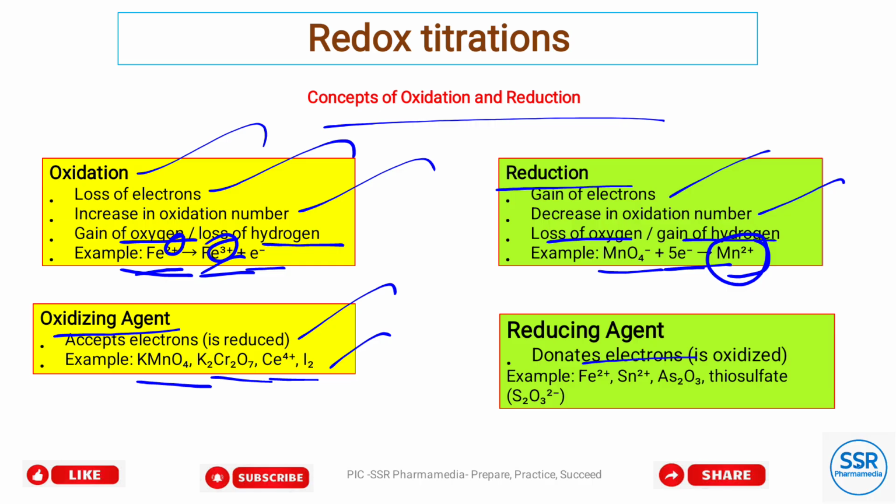And reducing agents donate electrons and are oxidized. Oxidizing agents accept electrons, and these substances undergo the reduction reaction. Reducing agents are like ferrous sulfate, stannous ions, and sodium thiosulfate. These are examples of reducing agents. During reactions, reducing agents get oxidized due to the donation of electrons. So these are all the introductory concepts of oxidation and reduction.